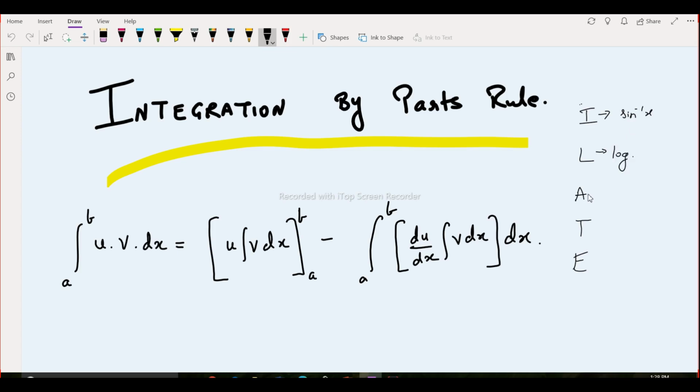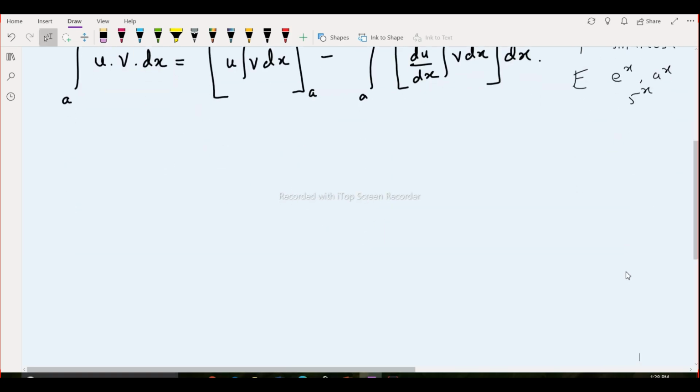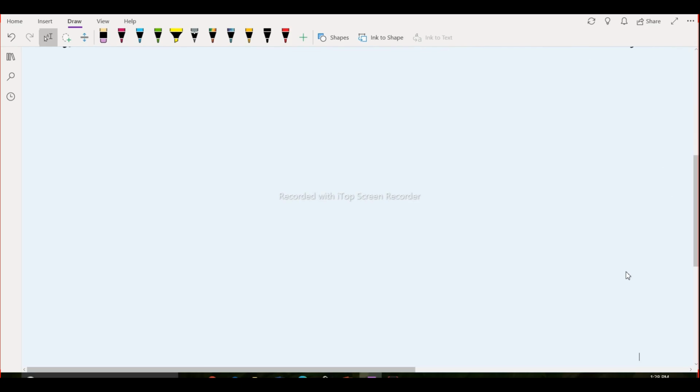A is for algebraic, so you have x square, x cube, any polynomial equation. Trigonometry, you have sine x, cos x, and the rest of the terms. And exponential, you have e raised to x, a raised to x, 5 raised to x, and all that. Okay, so this is the integration by parts rule, and let's start off with some questions of integration by parts.